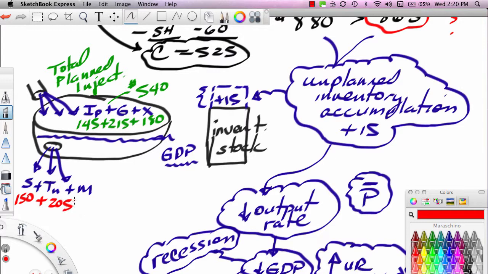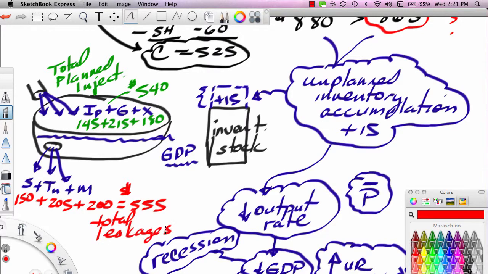We've talked about that in earlier lessons. And imports are just given to us at 200. If we add up the saving, the taxes net of transfers, and the imports, we get 555. This would be the total leakages during the period.